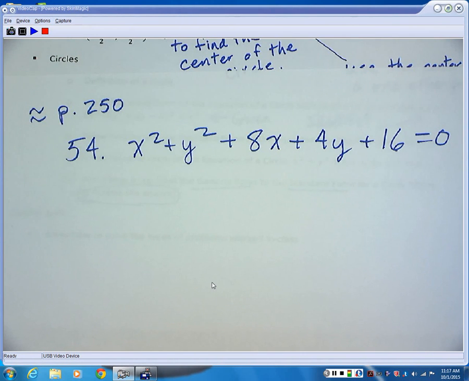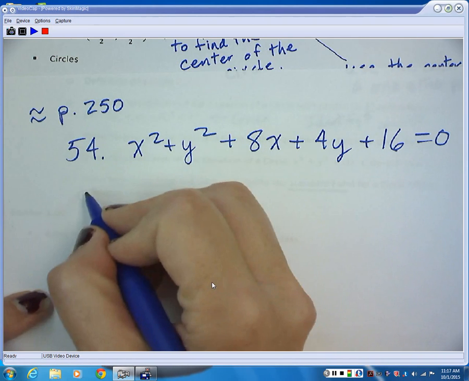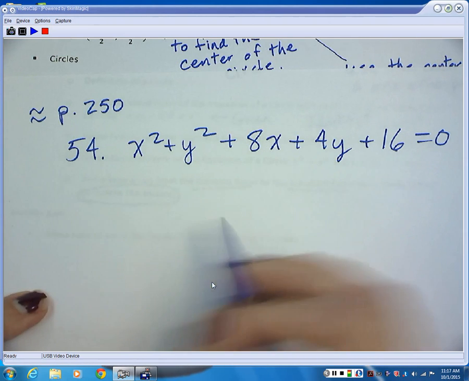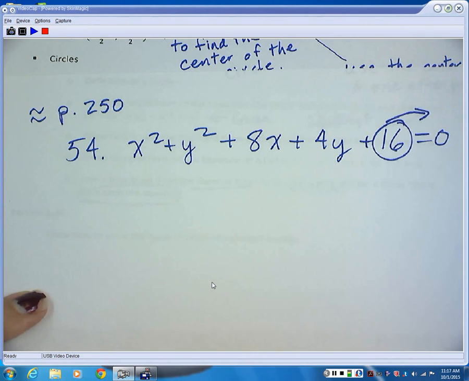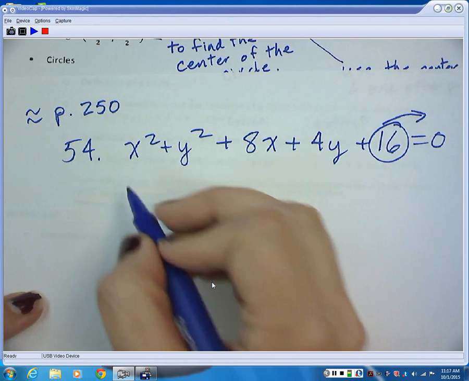Okay, so what's the first step in completing the square? Group them together. Right. Group them and move all your constants to the right and group everything.